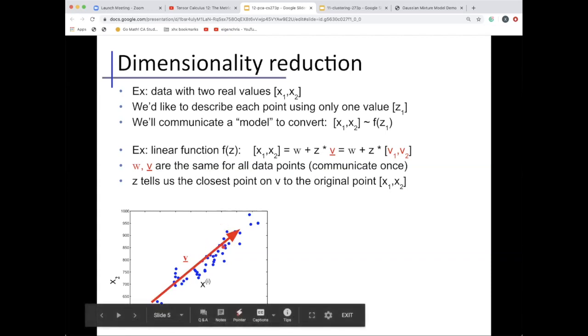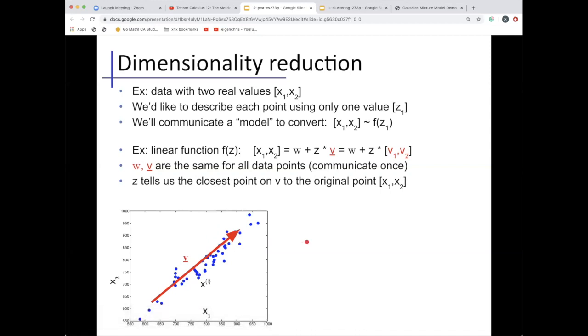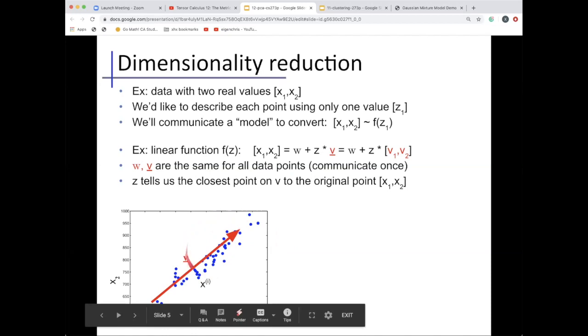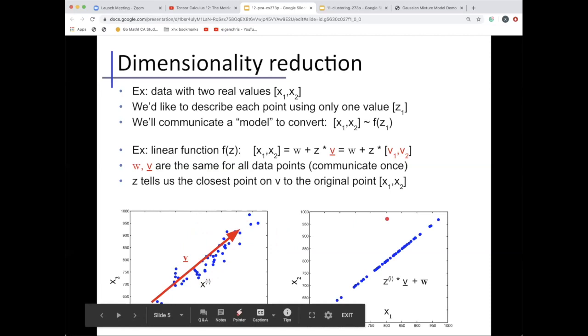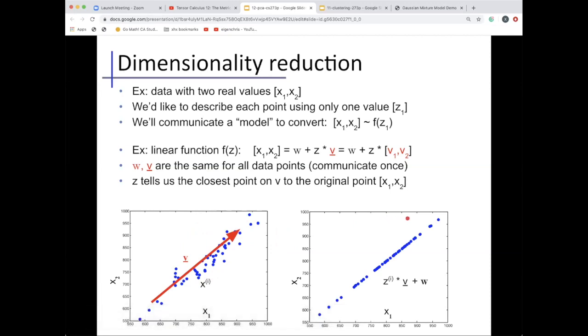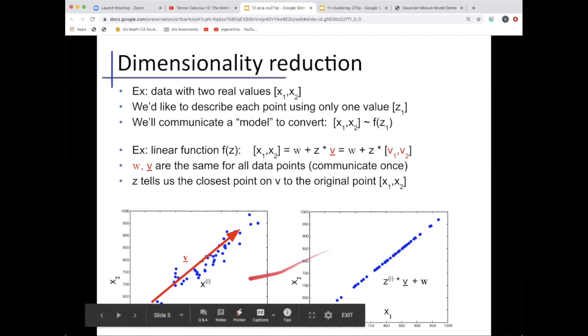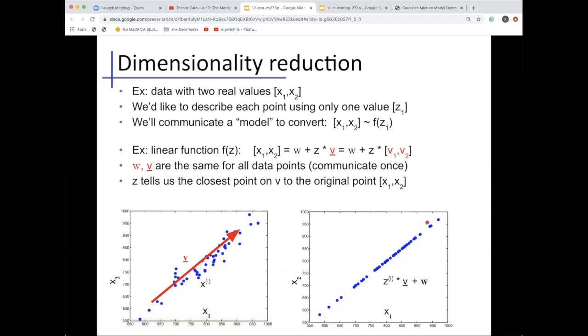If you are able to do that, it means you map your 2-dimensional data into only one scalar associated with this direction v. And in this picture, what this means is, if I model everything along z on this v, the only thing you can model is data that lies straight along this line.